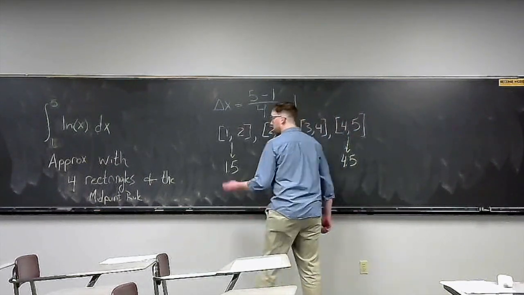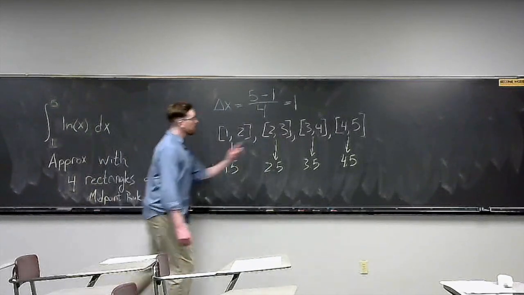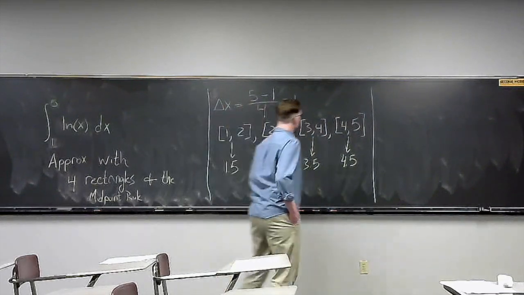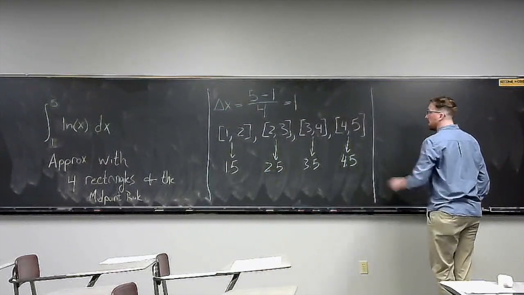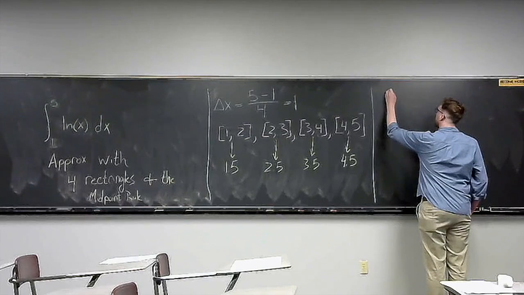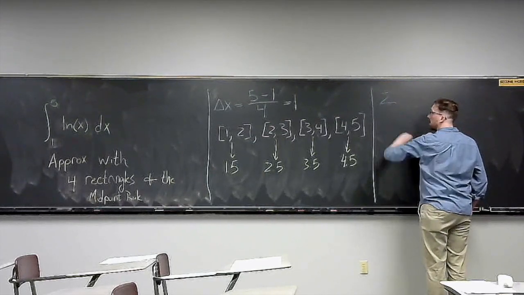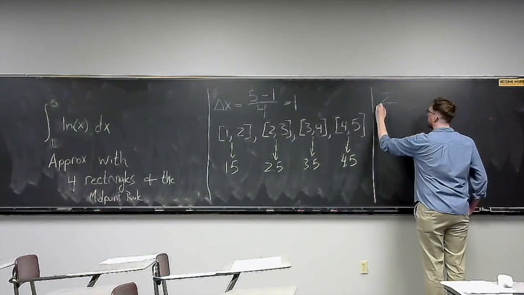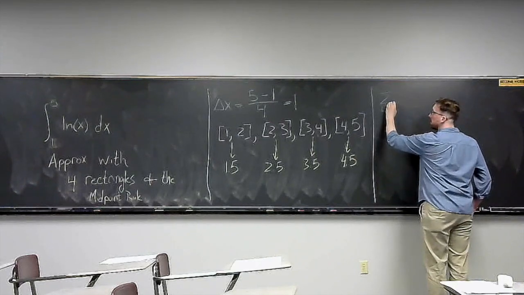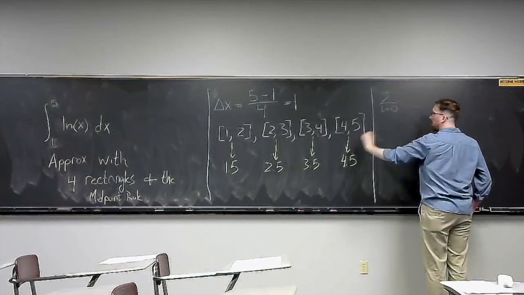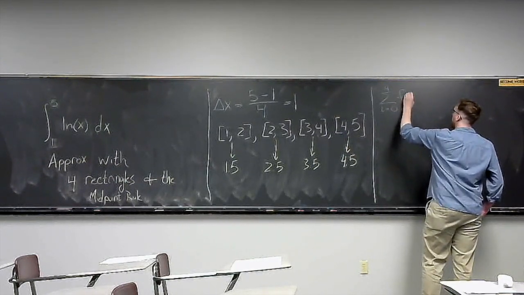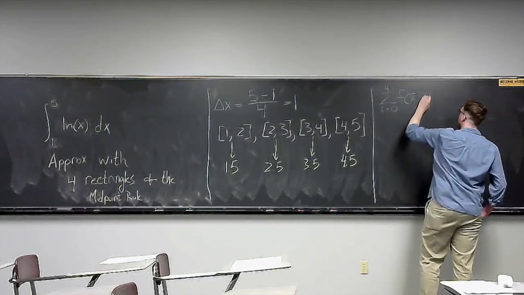So now we're going to come over here and put all this together. What we're going to do is say we want the sum from, let's use i again, from i equal to 0, up to 4 of f of x sub i, the midpoint, times delta x.